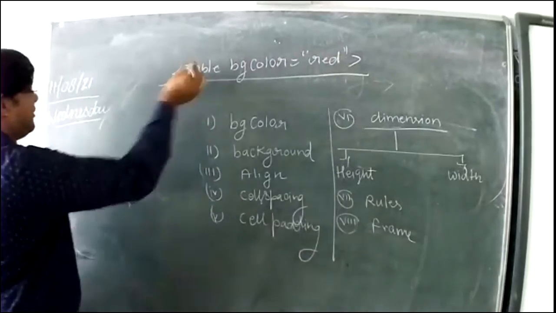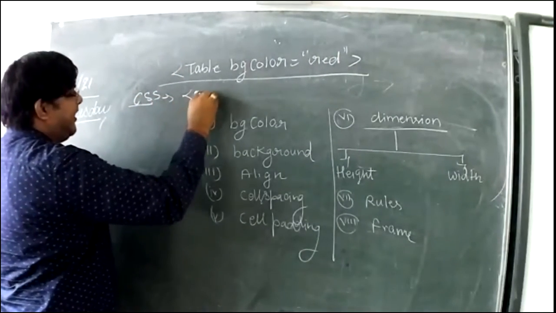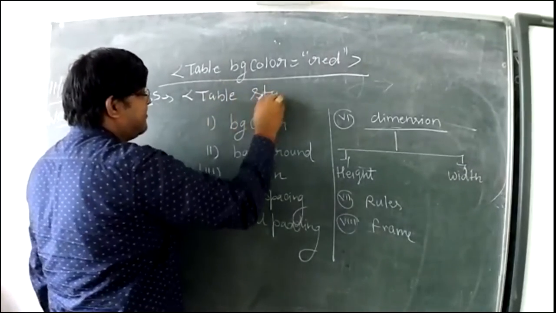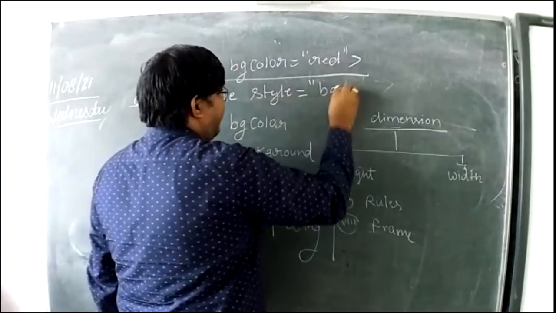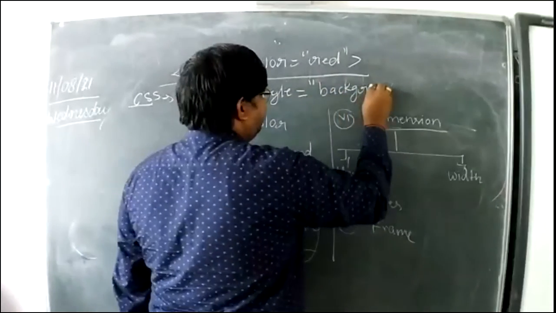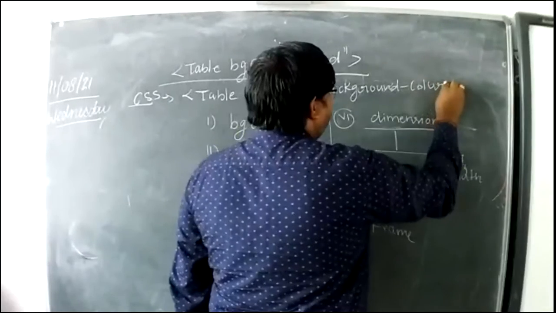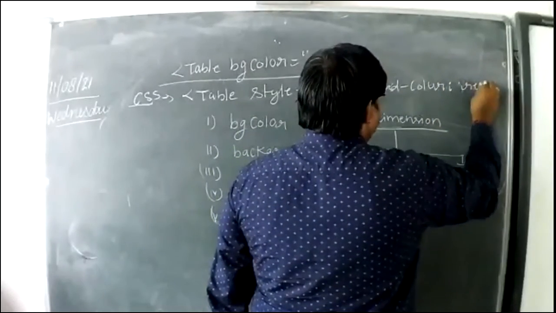If you want to use CSS, how will you use it? Table style is equal to background color and the name of color, whatever, that is red.